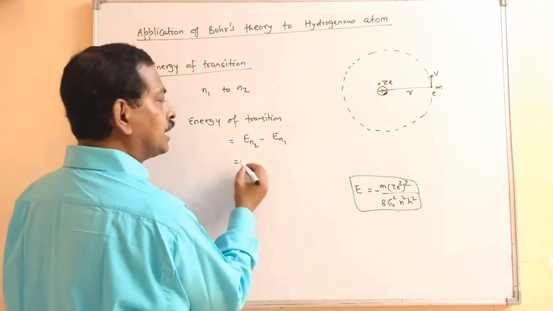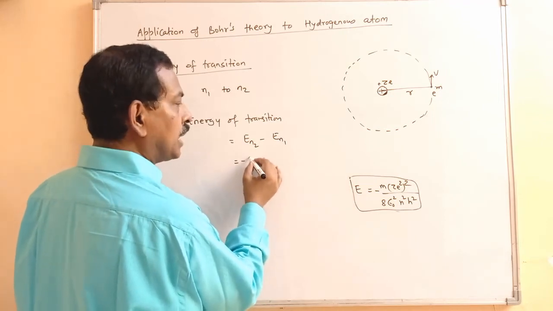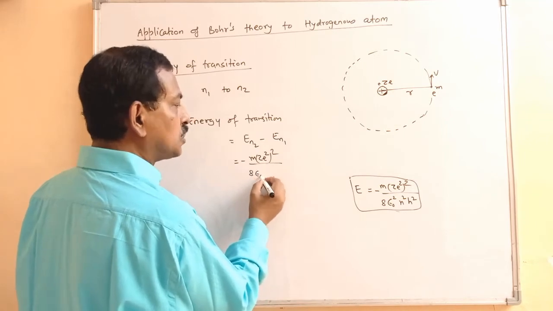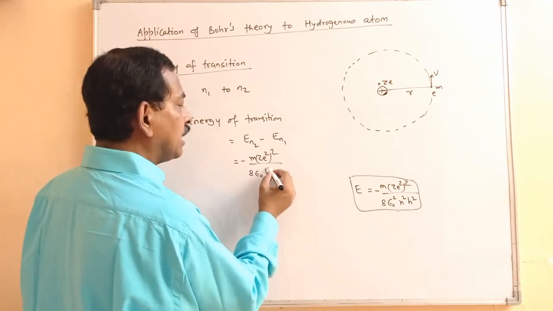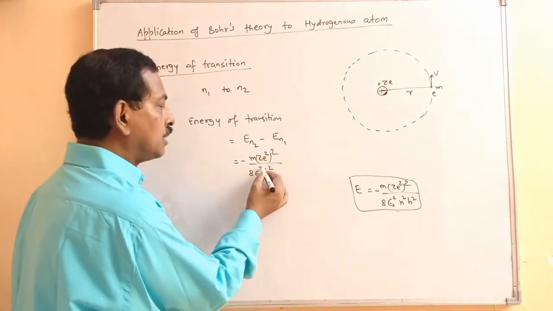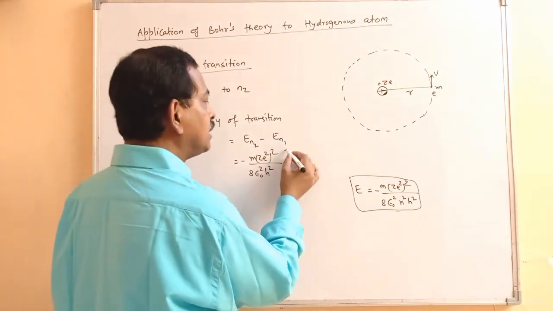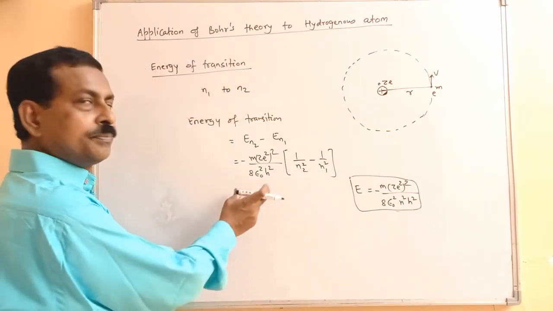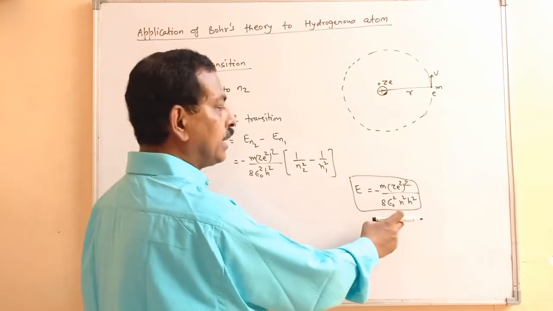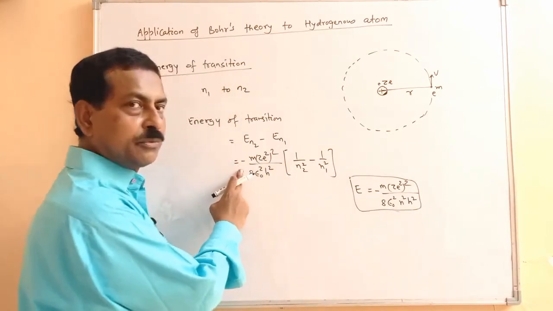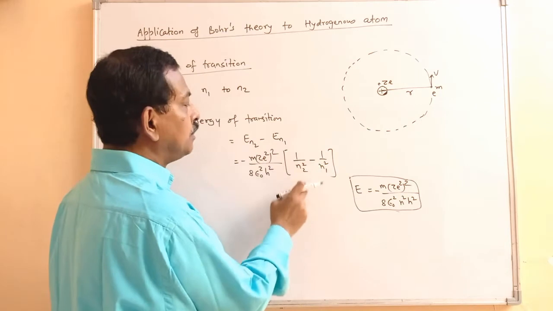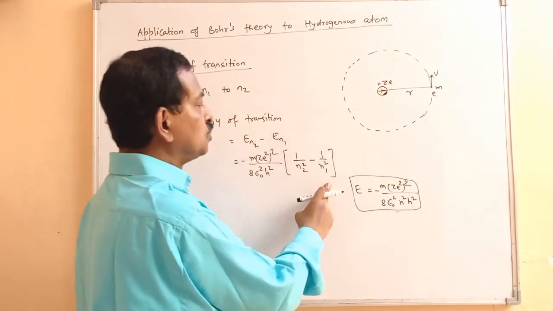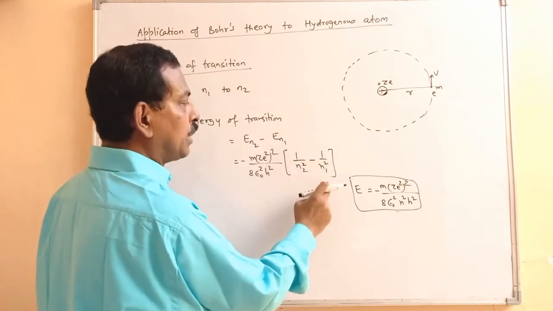So if you substitute that, what will you get here? It is minus m Z e square whole square divided by 8 epsilon naught square h square, and then this will be 1 by n2 square minus 1 by n1 square.